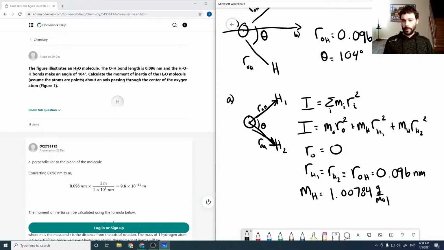And so with these quantities, because RO is 0, that term is just 0. And then because these are the same, it's just 2 times the mass of hydrogen times this distance squared.